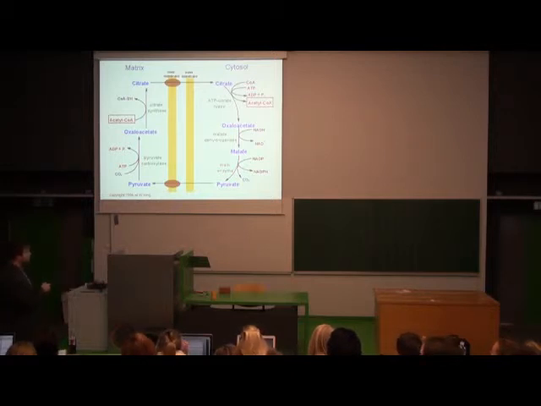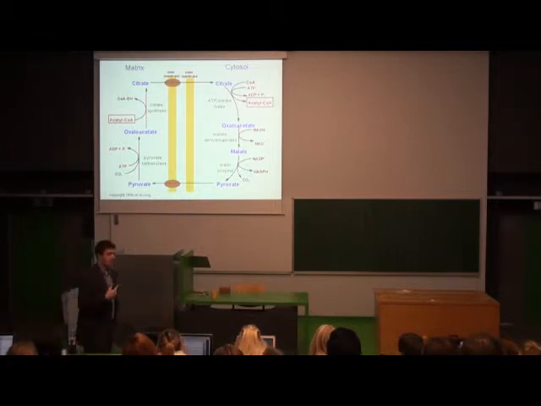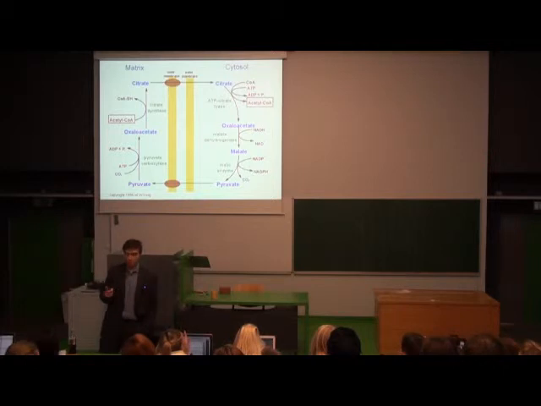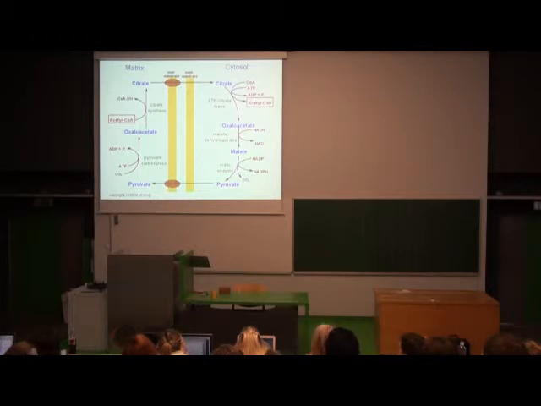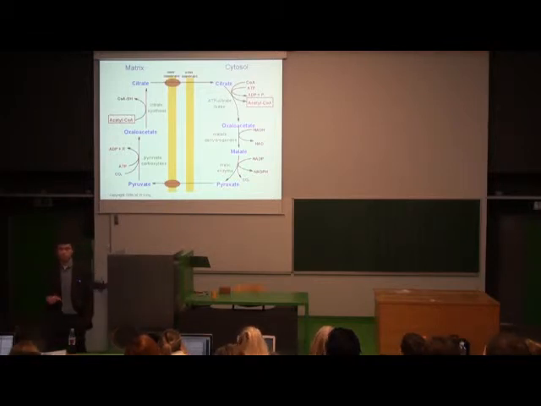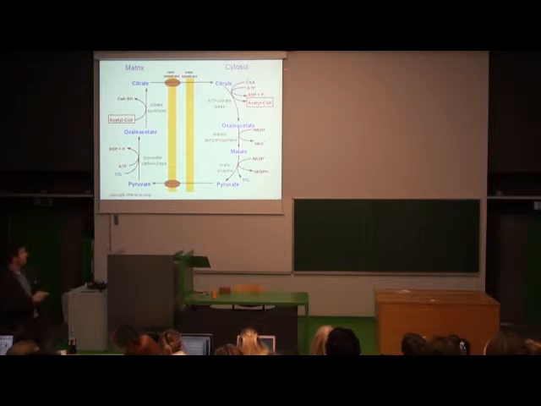It means that you let react acetyl coenzyme A with oxaloacetate, and you form citrate, the first reaction of Krebs cycle. This citrate has a transporter in the inner mitochondrial membrane, and it can be transported to the cytosol. Here, the citrate is degraded back to acetyl coenzyme A and to oxaloacetate, yes?